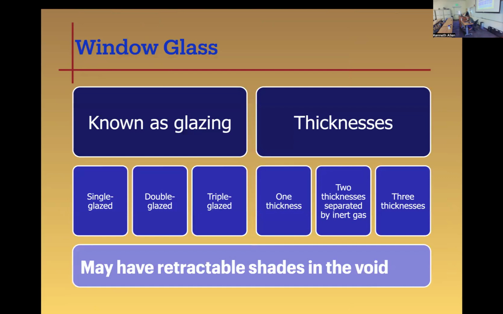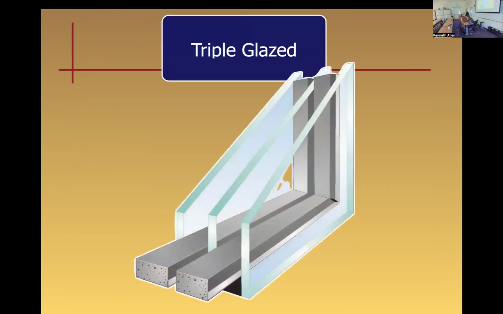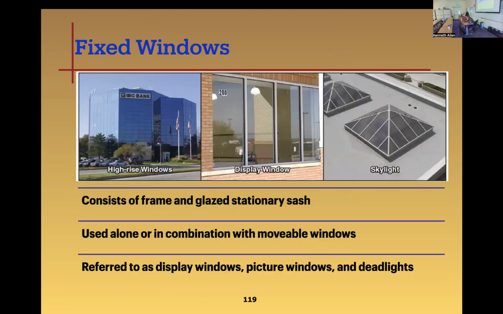You can do categorization by glazing or thicknesses. Here's a triple glazed window. Oftentimes, when you have different glazings, different levels, they'll fill the in between layers with an inert gas that both insulates and won't ignite. On buildings like this, most of these windows are almost impossible to break.